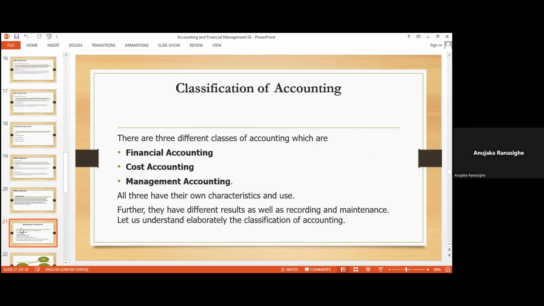module, classification of accounts. We can get 3 types of accounts. There are 3 different classes of accounting, which are financial accounting, cost accounting, and management accounting.